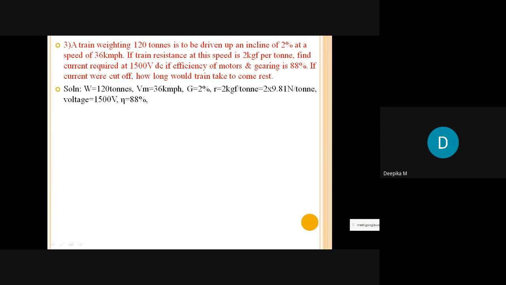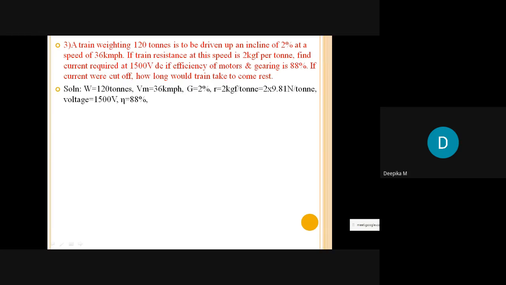Force is nothing but mass into acceleration due to gravity, that is mg. The acceleration due to gravity value is 9.81 meter per second square.